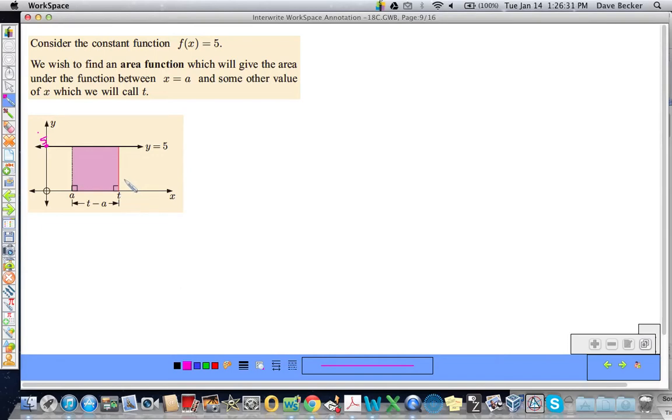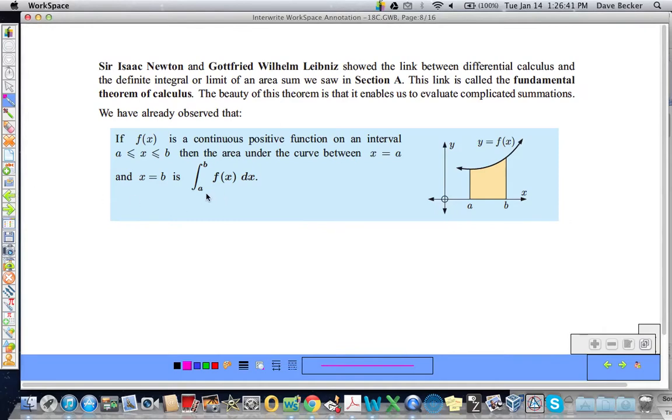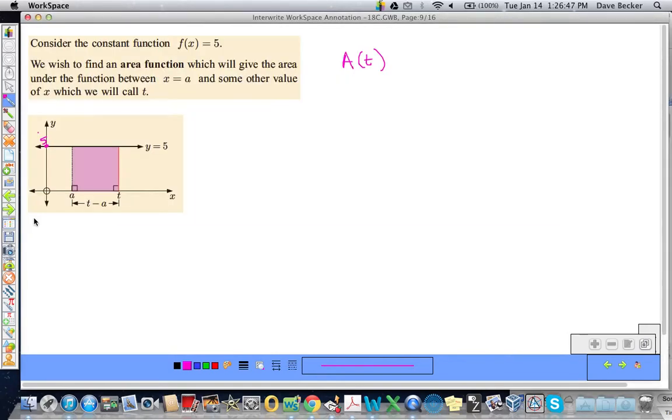Okay? Well, we know that the area function, A of t, just from what we said before, let's just take a quick look back here. The area under a curve is given from a to b of the function f of x, whatever that function may be. Where our function here is 5. So A of t is equal to the integral from a to t of 5 dx.